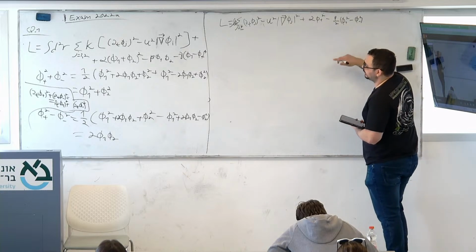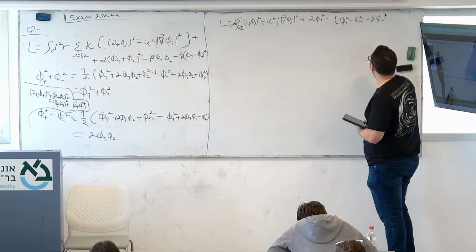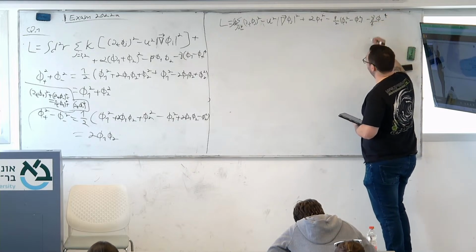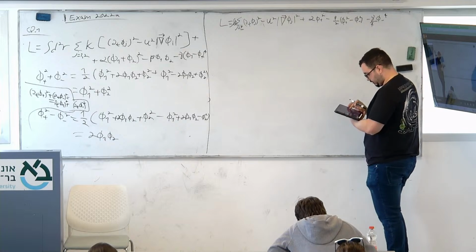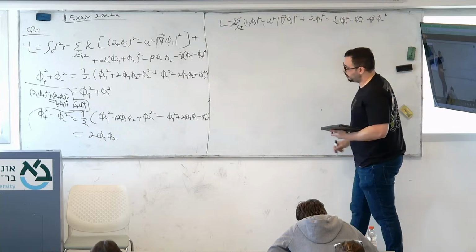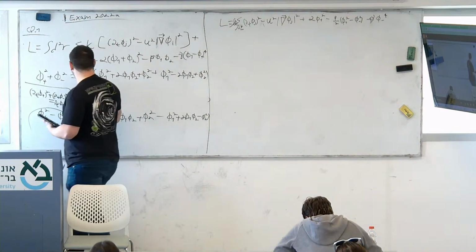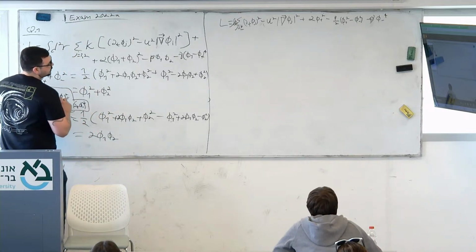And then the last term, minus gamma phi minus to the power of 4 divided by 4. Actually multiplied by 4, sorry. Multiplied by 4, since I erased.